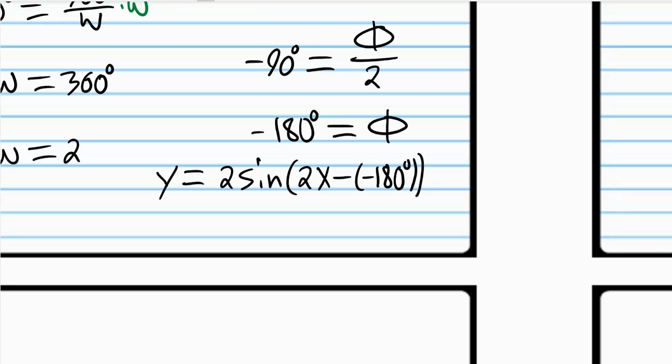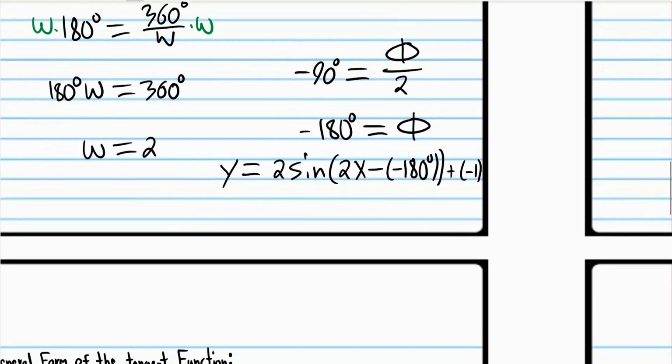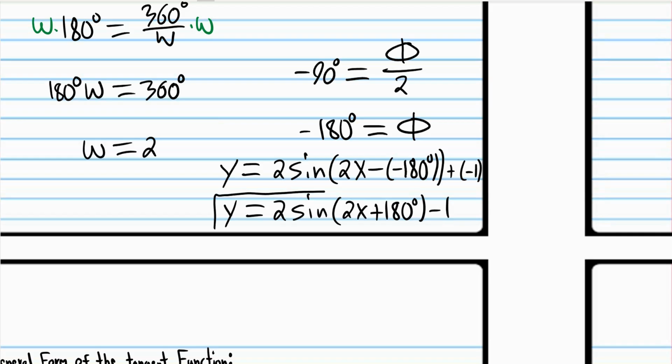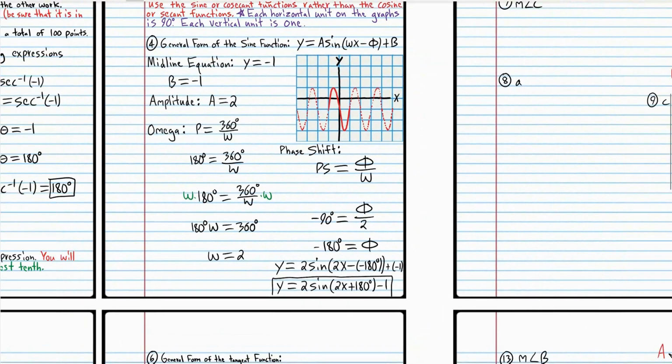So I need to make a negative there. Okay, now we can just write it in simplified form. We have a double negative, and there you go. So that is the equation of that graph. So again, we're looking for the equation of this graph, and we found it.